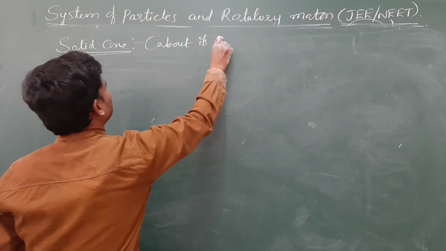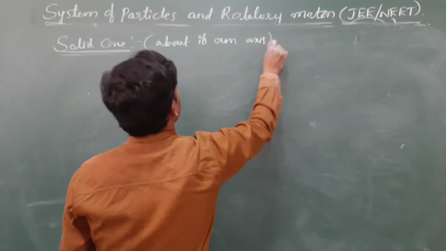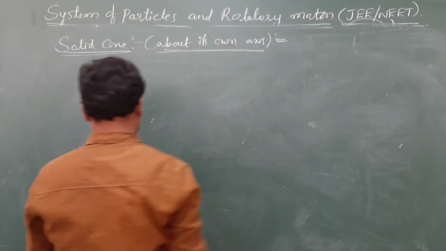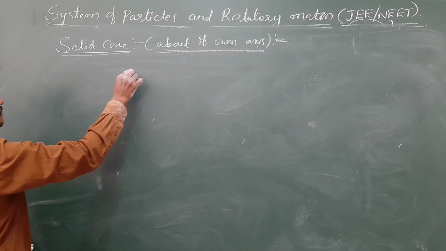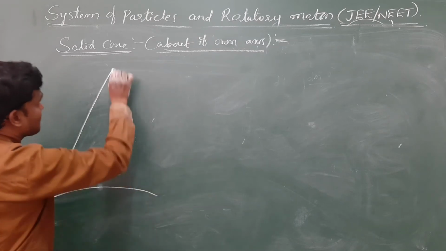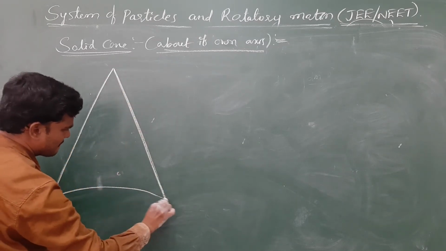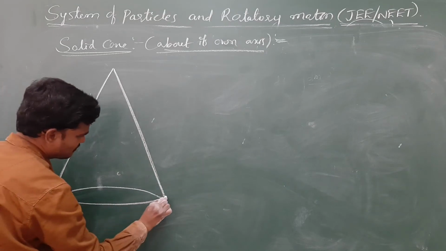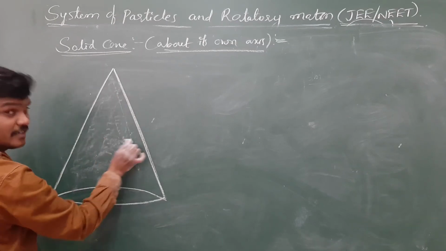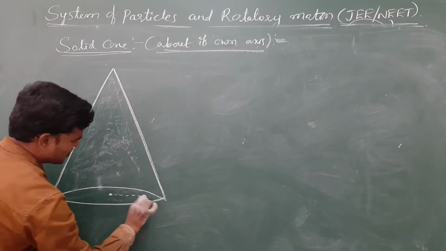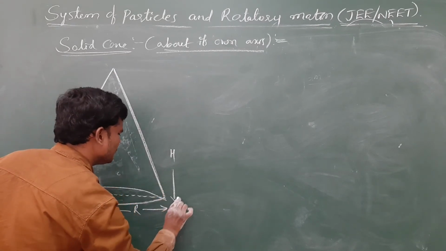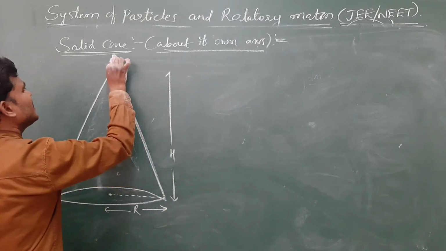This is the solid cone, like a cone with a beam. This solid cone has radius r and height h. About this axis I want to find the moment of inertia.